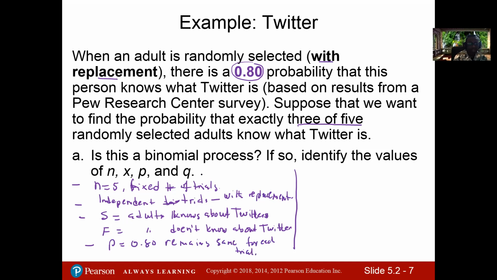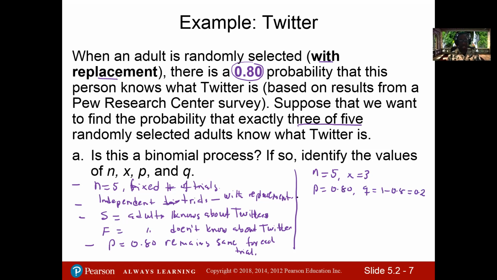So, identify the n, as we have said. Your n is 5. Your x, in this case, is 3, because when they sample them and ask, it's exactly 3 of the 5. Your p is 0.8. And then your q is 1 minus 0.8, which is 0.2.